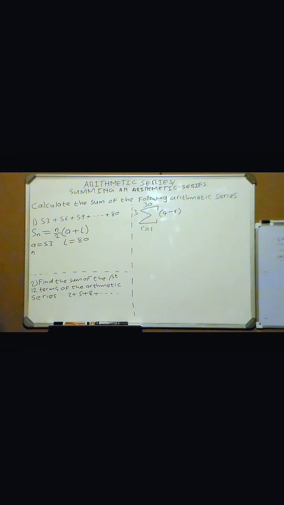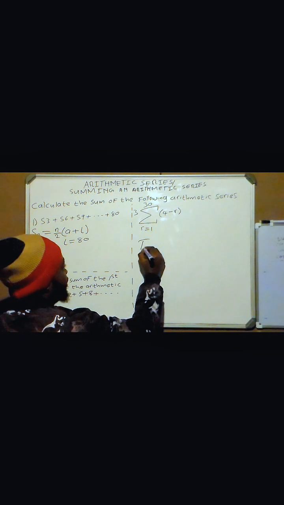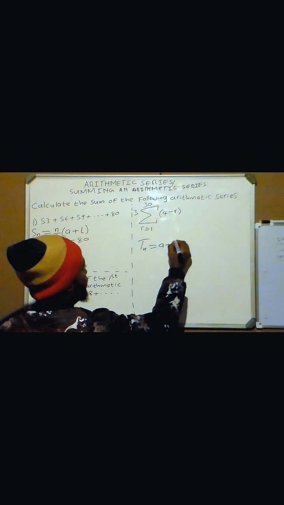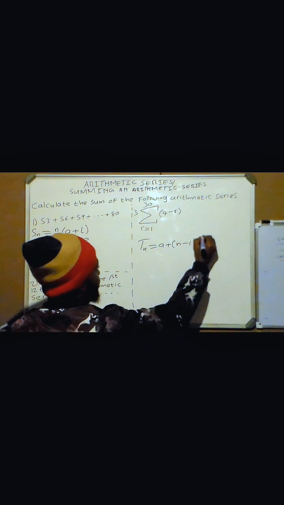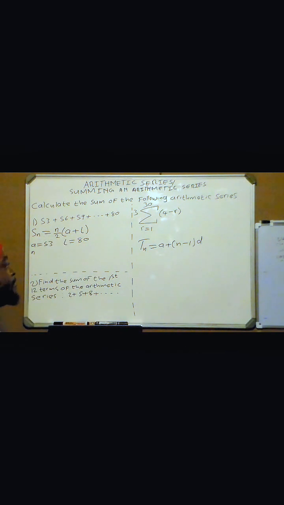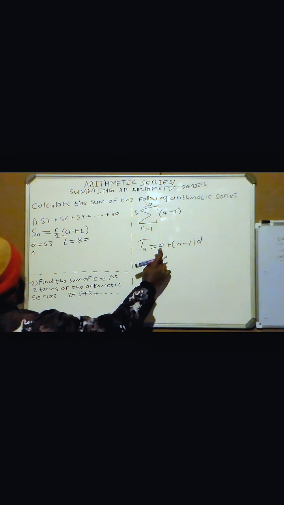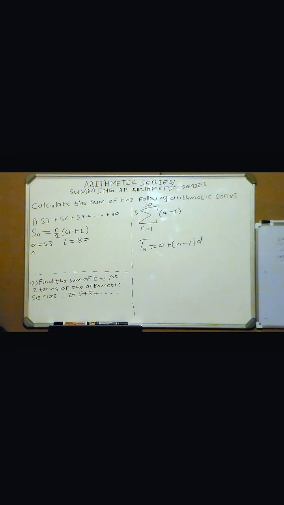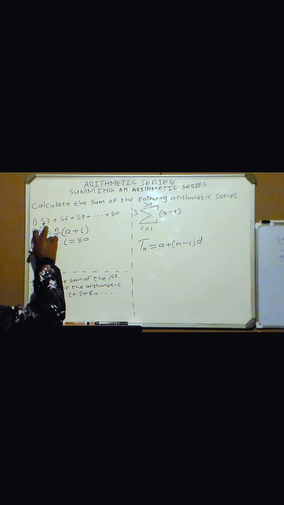We know that this is an arithmetic series, therefore it's from an arithmetic sequence. So we can use the general term Tn equals a plus n minus 1 multiplied by d. Here we have the a value being 53. The common difference is going to be 56 minus 53, so our common difference is 3.